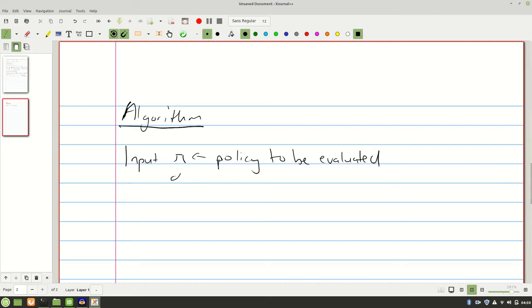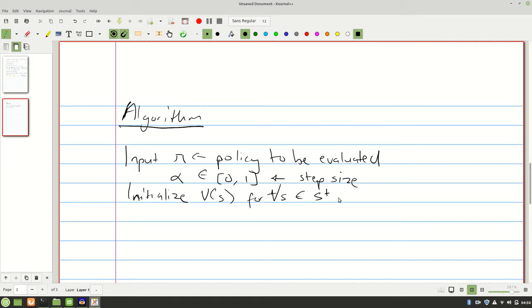And we also have alpha, which is between 0 and 1, and we call this our learning rate, or let's just say our step size. We're going to initialize V(s) for all s in S plus, arbitrarily. These are the same steps that we do whenever we're looking at these algorithms.